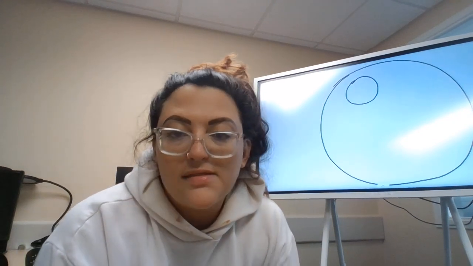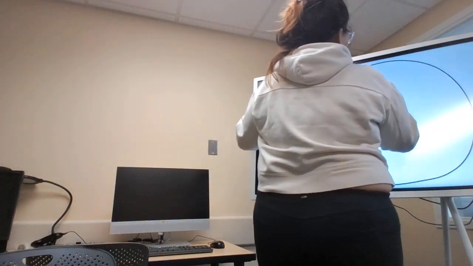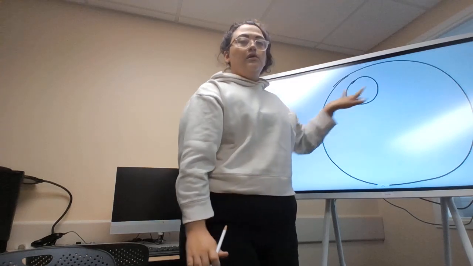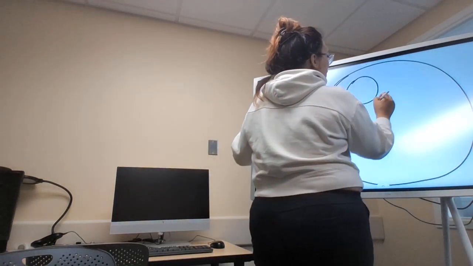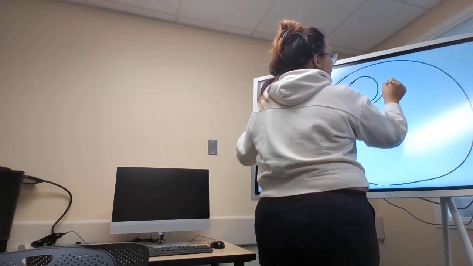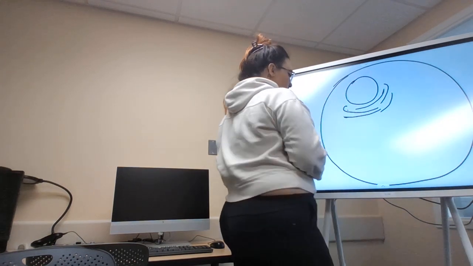So I'm going to go ahead and draw real quick the rough ER. The rough ER is generally really close to the nucleus, so I'll draw it like this. These resemble the different cisterns.